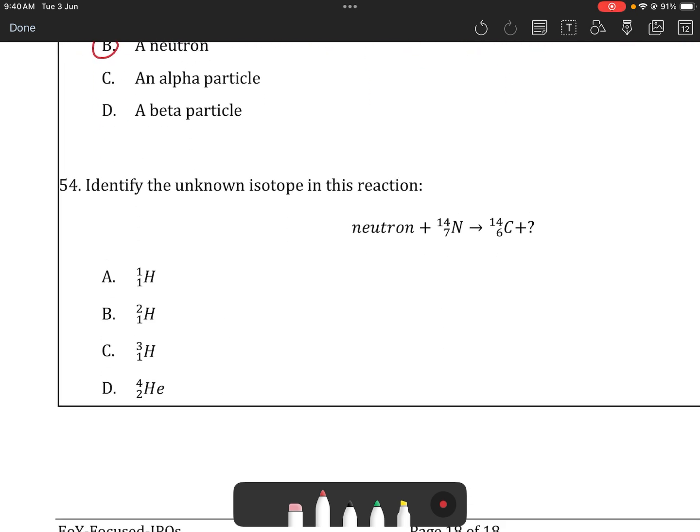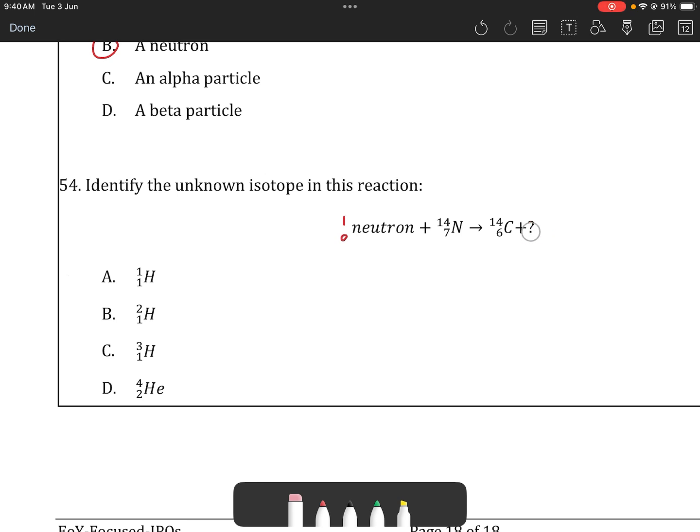Now, let's look at this question. We have a neutron. Neutron means 1, 0, right? And what is the result here?